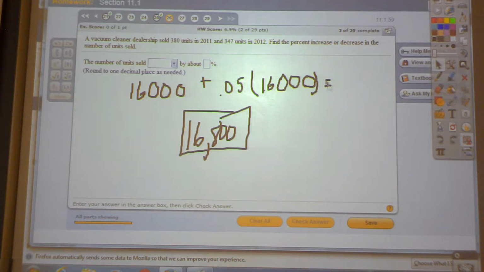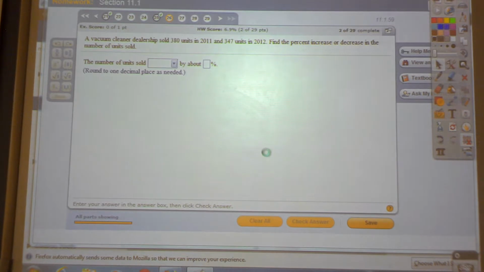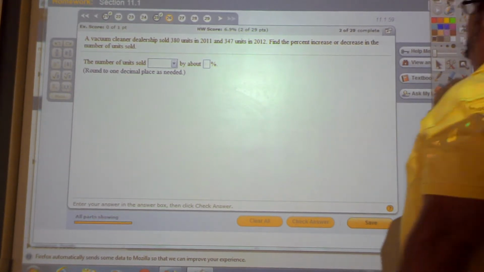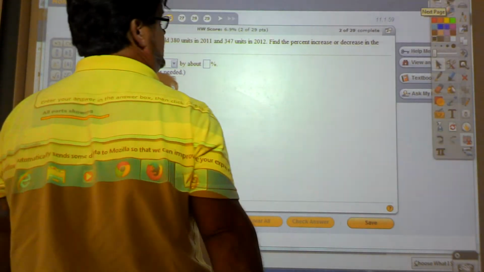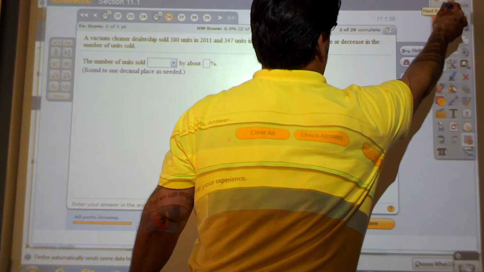Percent increase and decrease. Let me go ahead and tell you that. New minus old over old. Write that down. New minus old over old. Whenever you want to find a percentage increase or decrease, that's what you use.